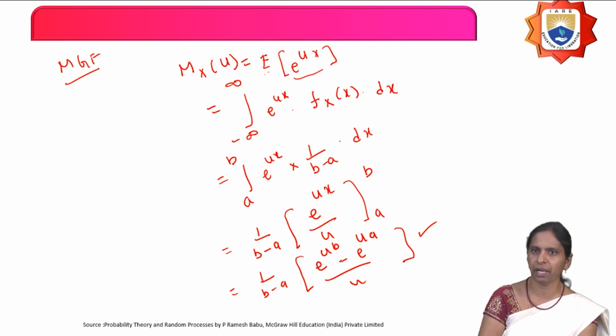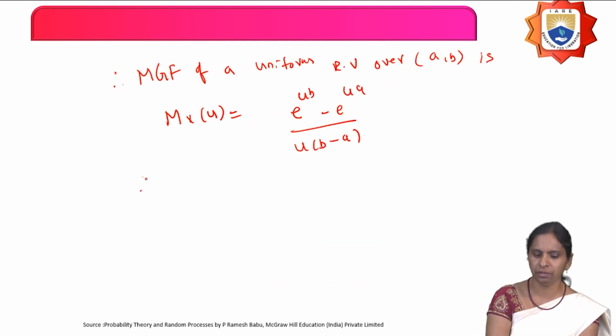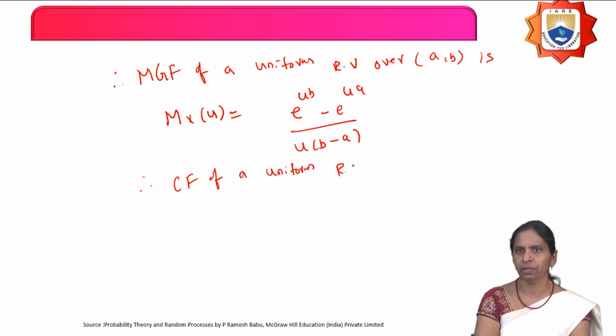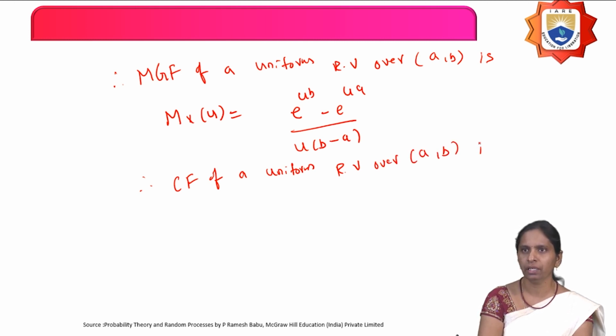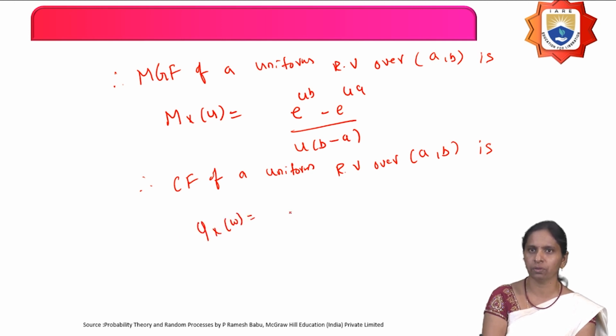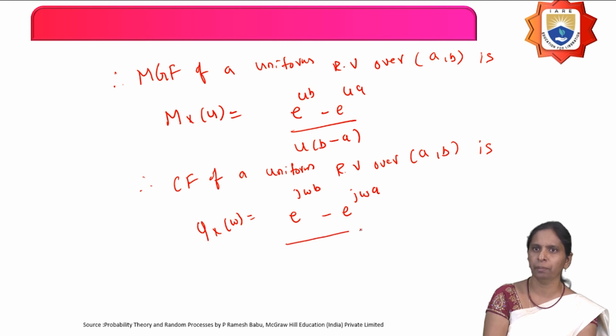E power u into b minus e power u into a by u into (b minus a). And similarly, the characteristic function of a uniform random variable distributed over the interval a comma b is given by pi x of omega is equals to e power j omega b minus e power j omega a by j omega into (b minus a).